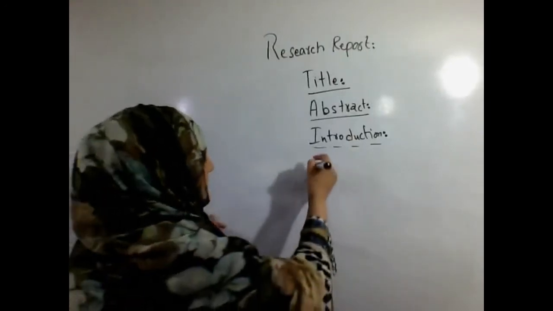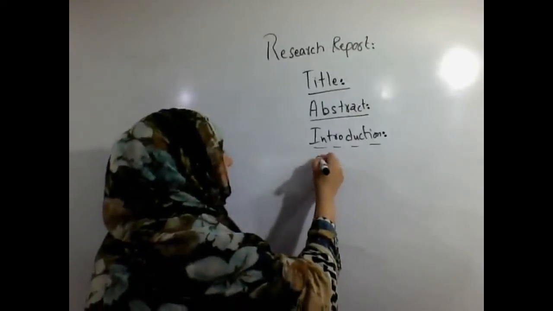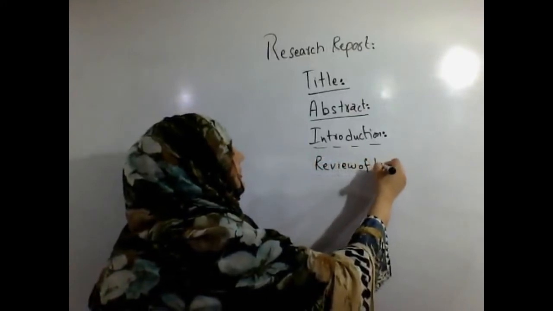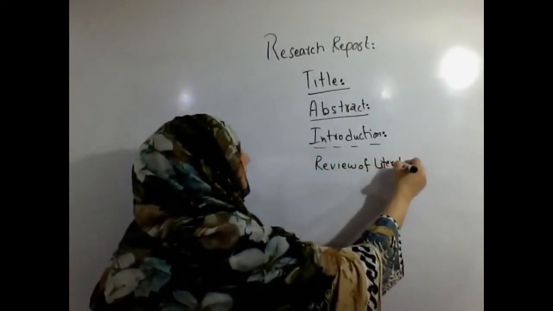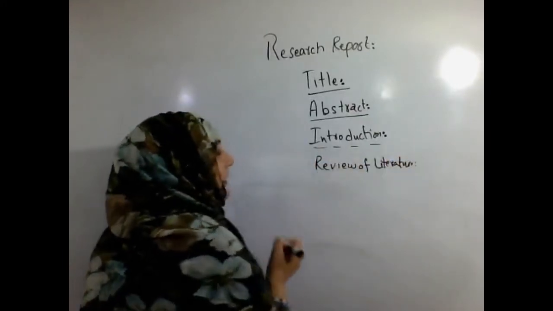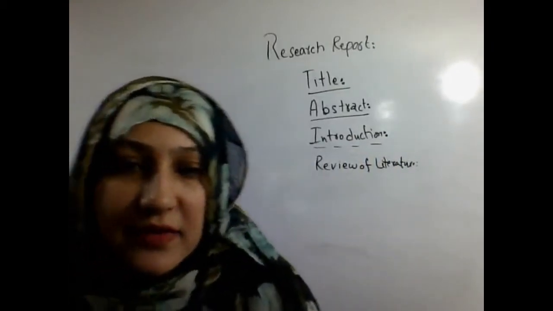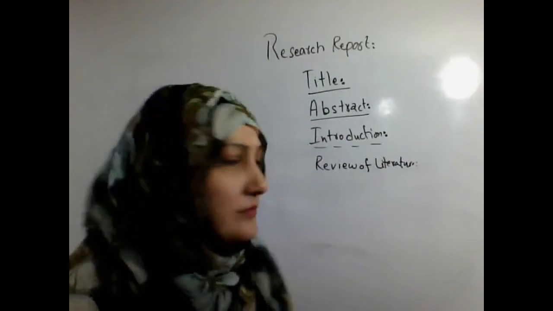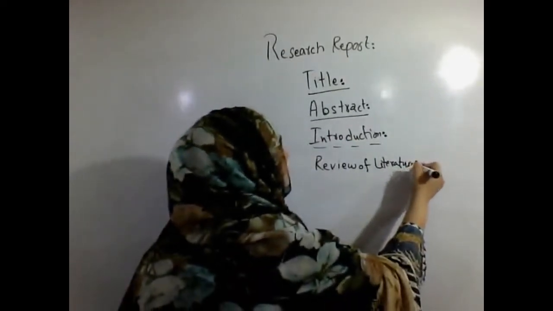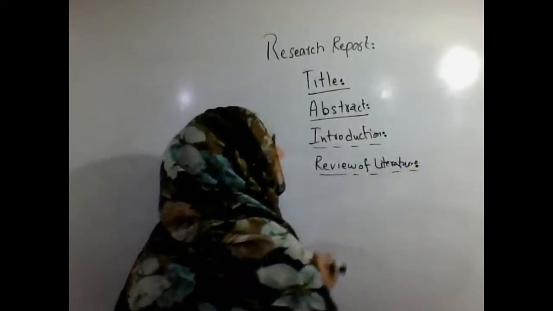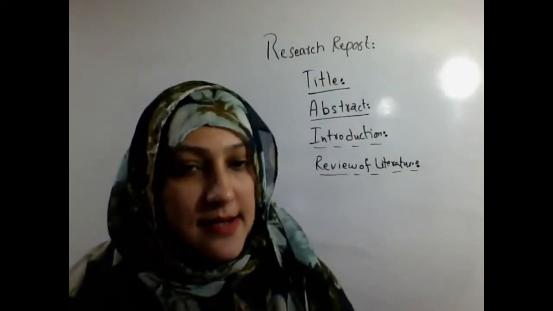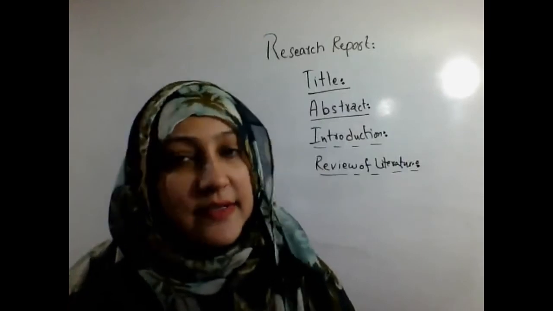In the next section, which is the review of literature, as we studied earlier, review of literature is actually a review of all the literature which we have studied for the plan of our research report.